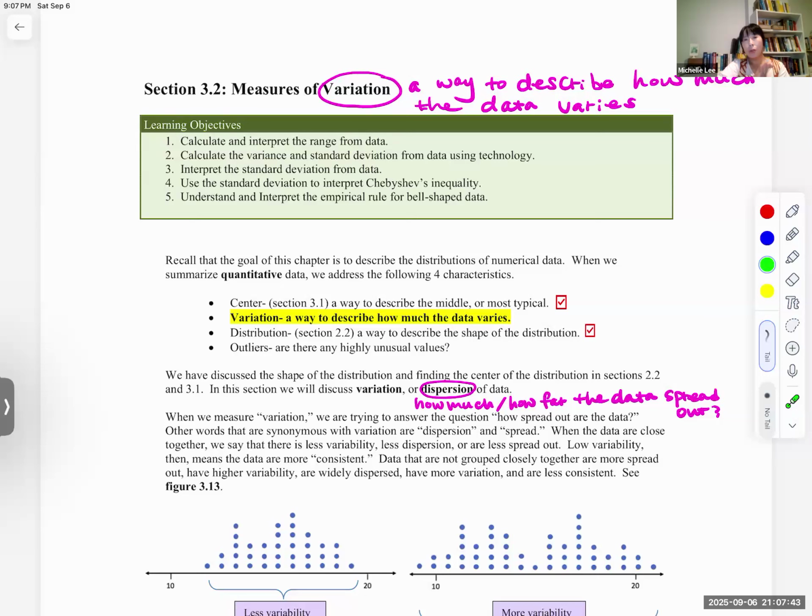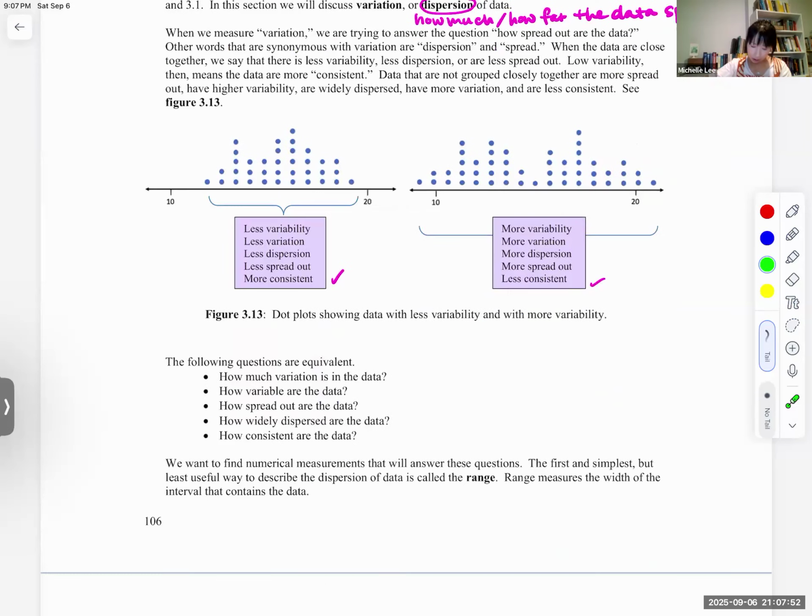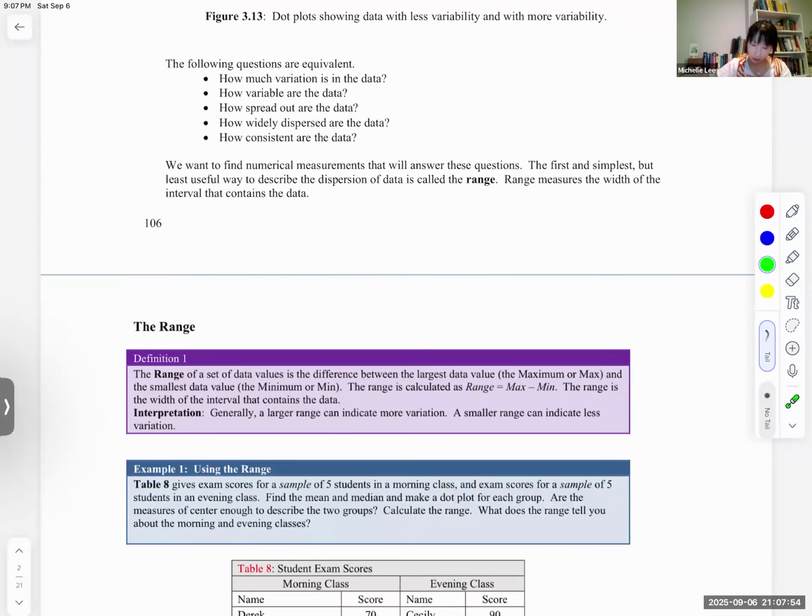Okay, so the first measure of variation we have is the range. What is a range? Range is the difference between the largest data value and the smallest data value. Mathematically, as a formula, range equals max minus minimum, right?